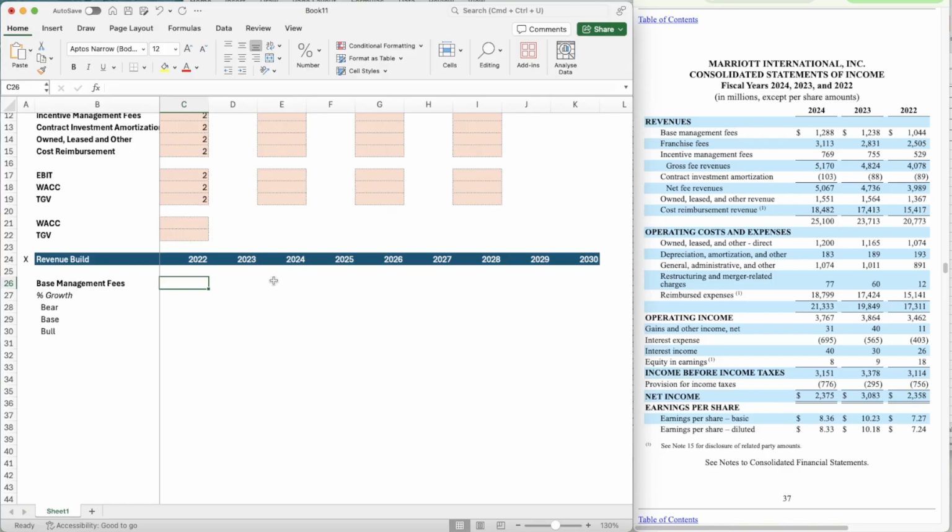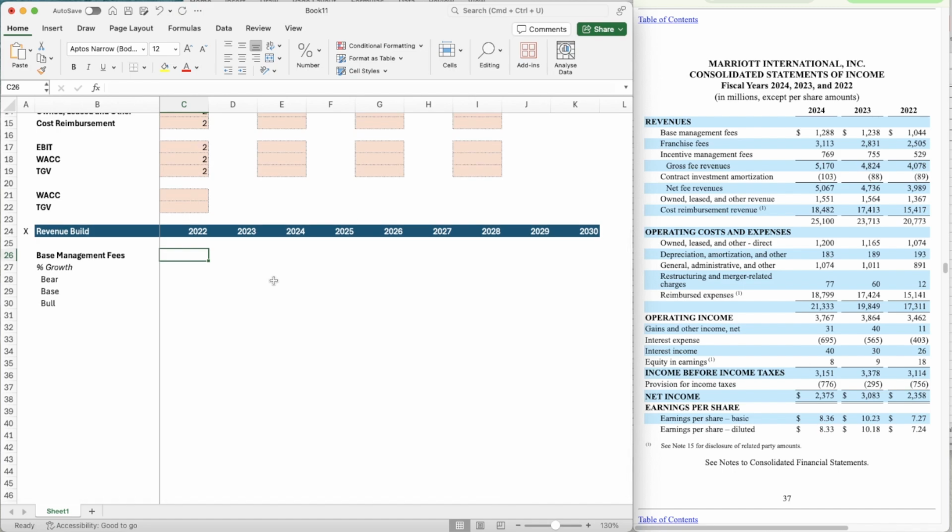We won't look at percentage of revenue because it doesn't really matter. So we'll just focus on this bit now. So 1004, 1238, 1288. From these management fees, we can work out the growth rate by taking the year we're looking at, dividing by the previous year, and minus 1.